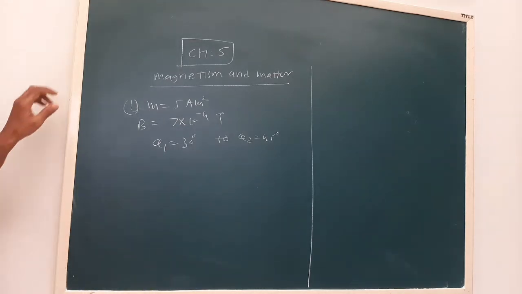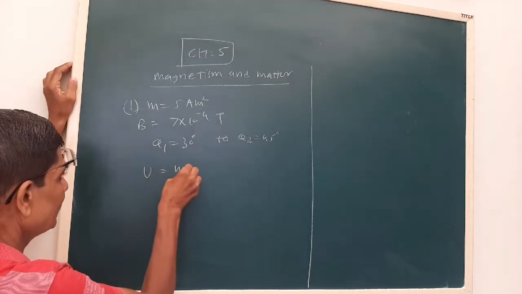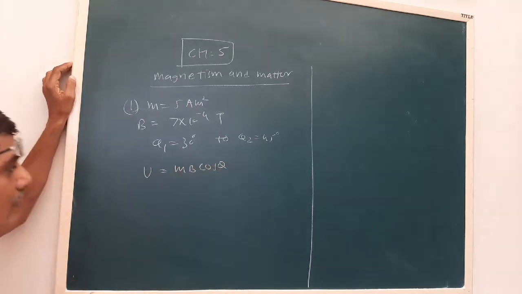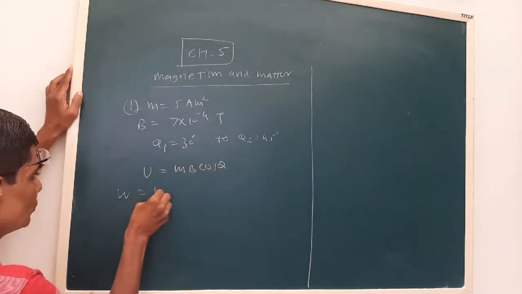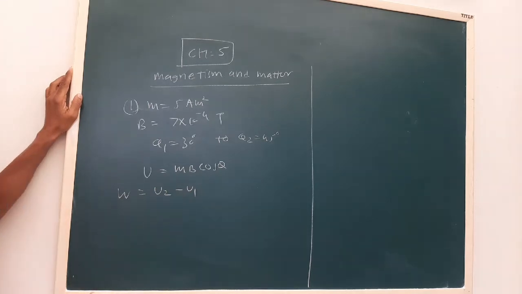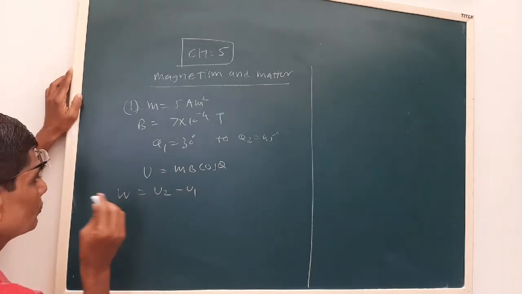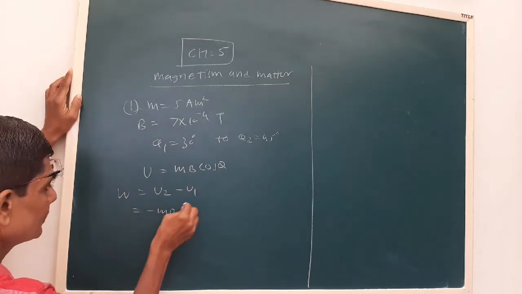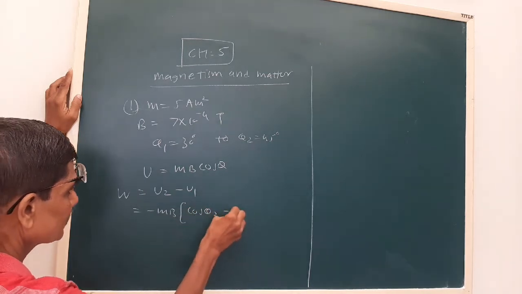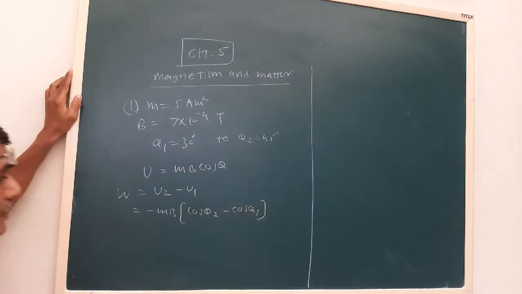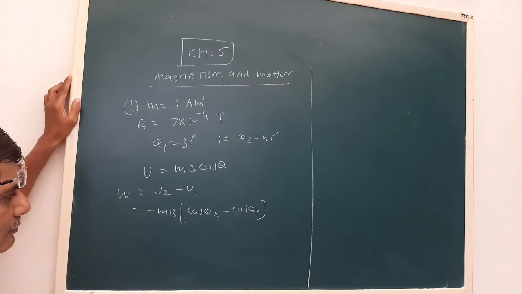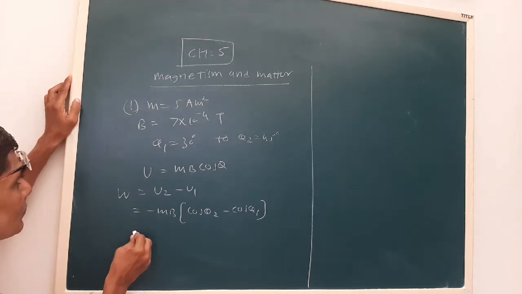So what is the formula? The potential energy is U = -mB cos theta. By using this, W = U2 - U1, or W = mB (cos theta 1 - cos theta 2). Work is a scalar quantity, so that doesn't pose any problem.